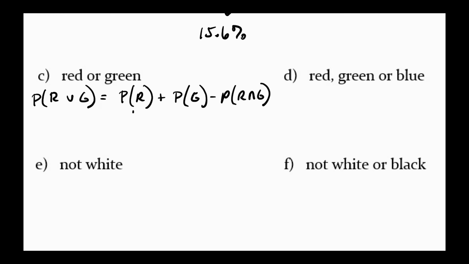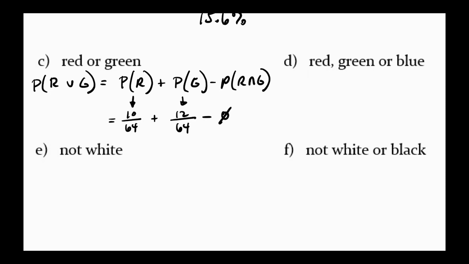Okay, so what's the probability of a red? 10 out of 64 plus the probability of a green? 12 out of 64. Is there any overlap here? No overlap because you can't get a red and a green one at the same time.